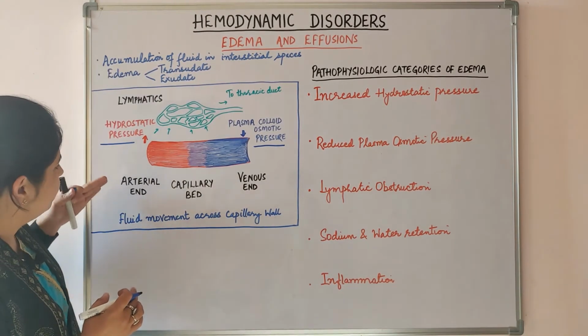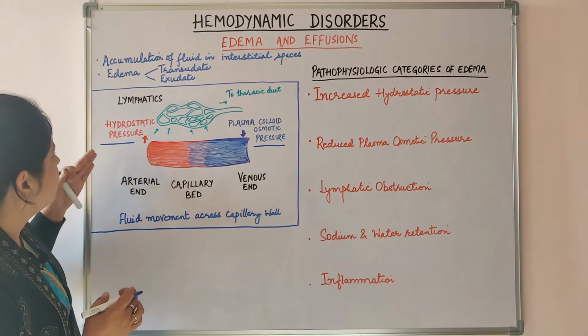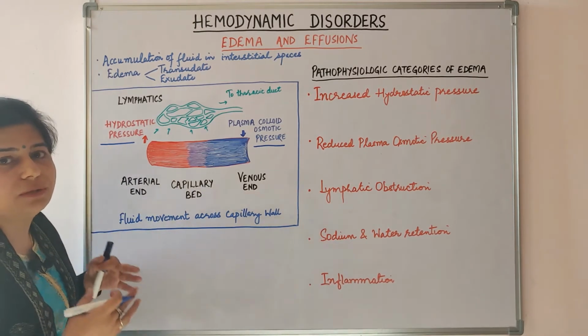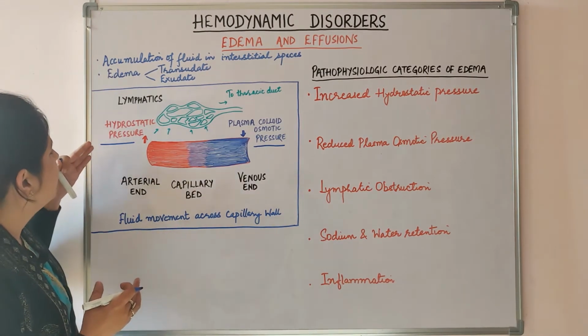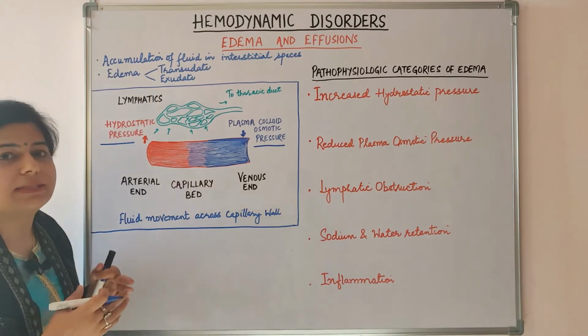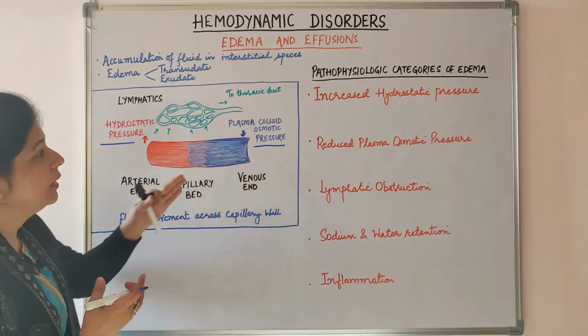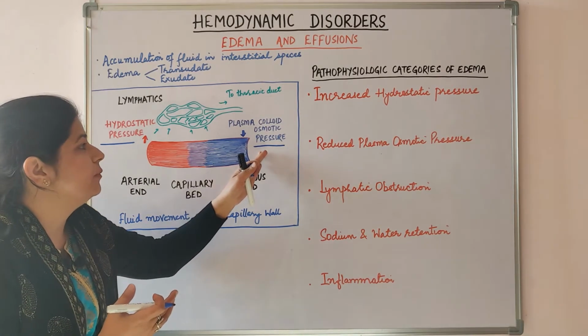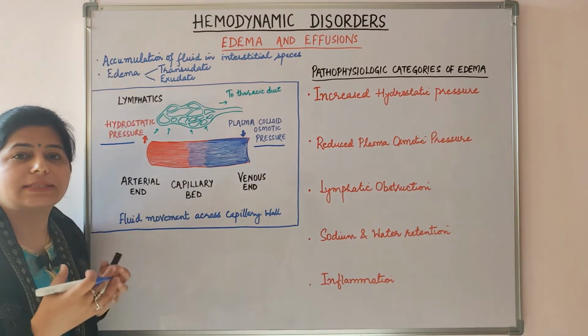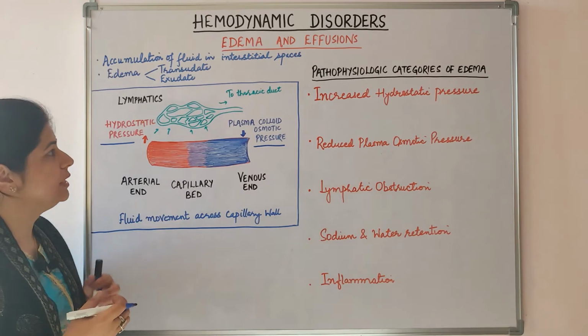So by this diagram we can make out the causes. What can be the causes of edema? If hydrostatic pressure is increased, it will lead to edema. Also, if plasma colloid osmotic pressure is decreased, it will lead to edema.